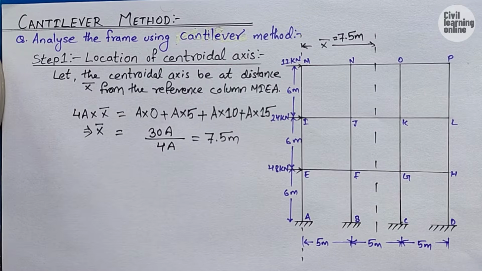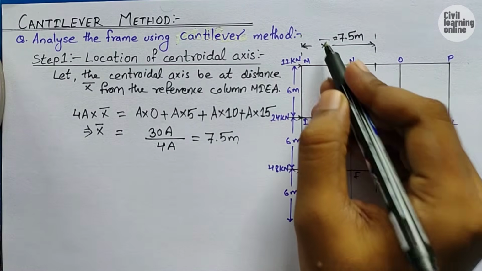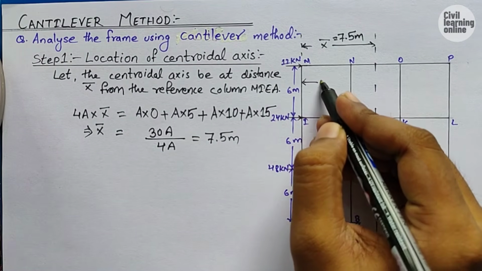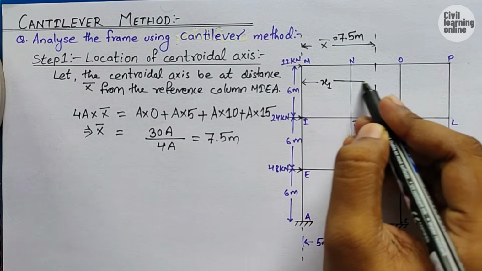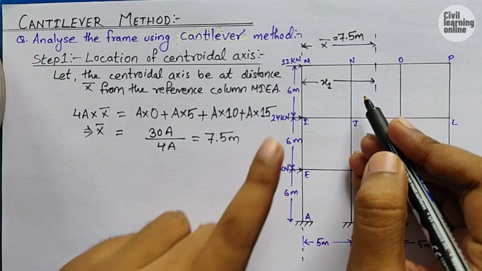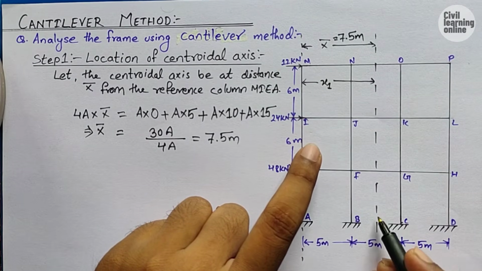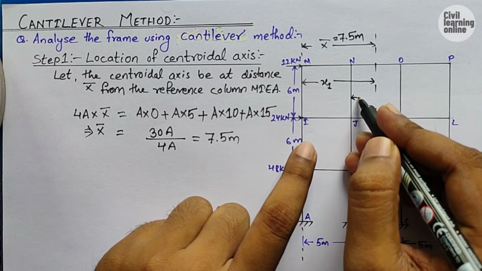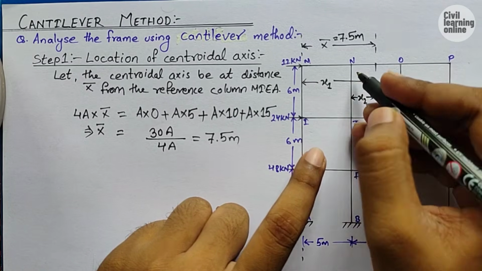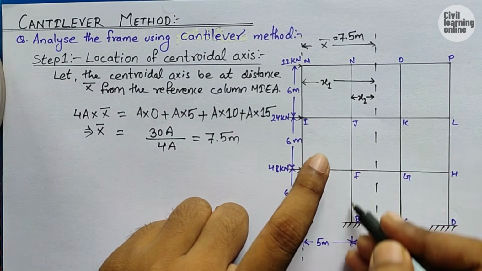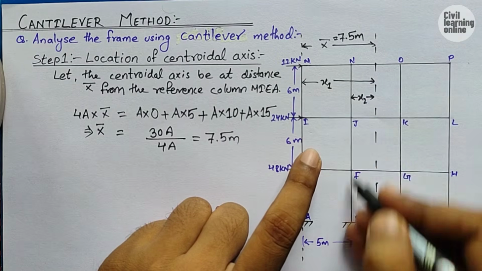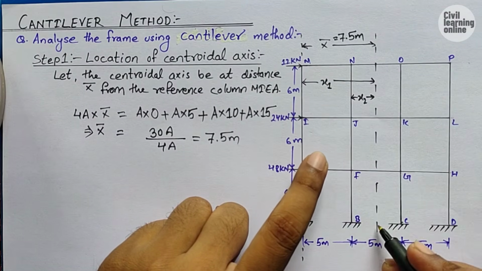Now let X bar equal X1, and X1 is the distance of the first column from the centroidal axis. Similarly, let this be X2, means X2 is the distance of the second column from this centroidal axis.